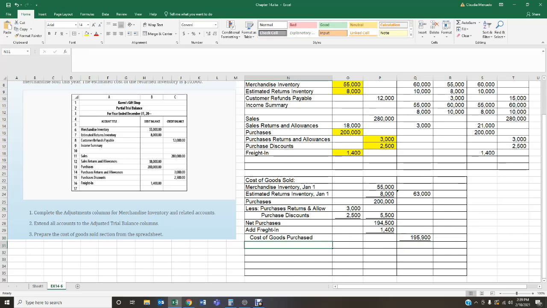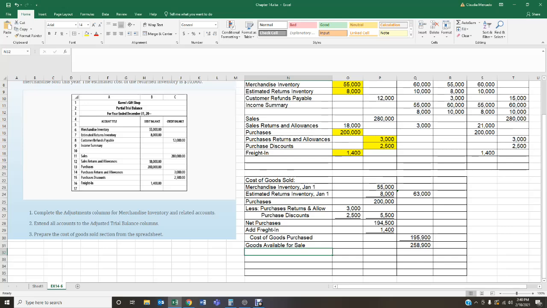Now I can calculate my goods available for sale. To calculate your goods available for sale, you're going to get the total that we had obtained from the beginning, which was our beginning inventory, plus our estimated returns inventory, our $63,000, plus our cost of goods purchased, which is the $195,900, and that gives us goods available for sale of $258,900.